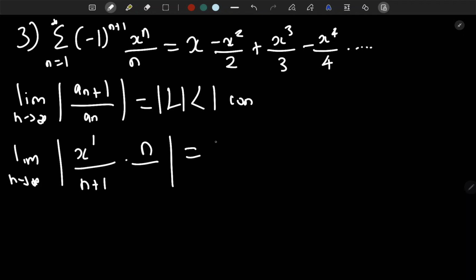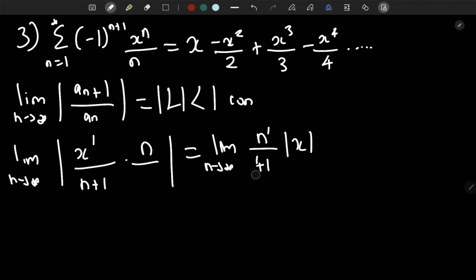We are going to get the limit as n approaches infinity of n over n plus 1 multiplied by the absolute value of x. And here let's use the highest power rule, or sorry, the highest degree. So here is n to the power 1 and n to the power 1.